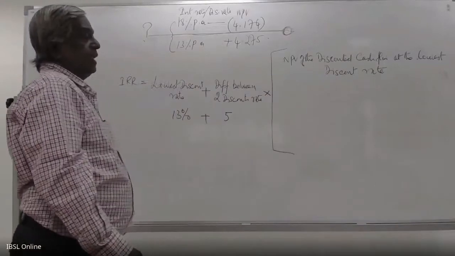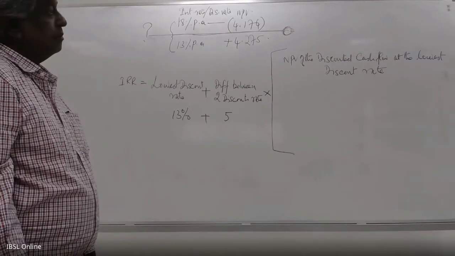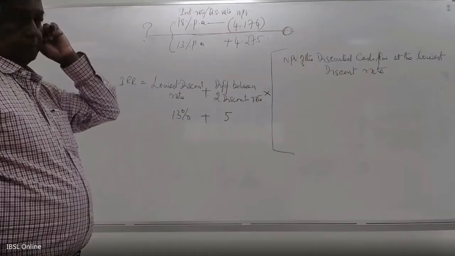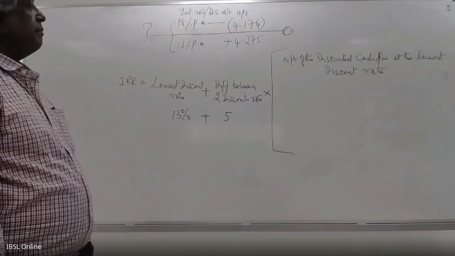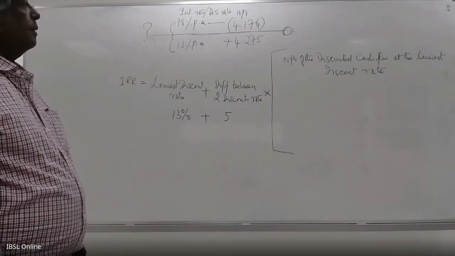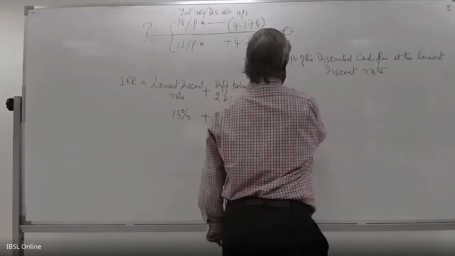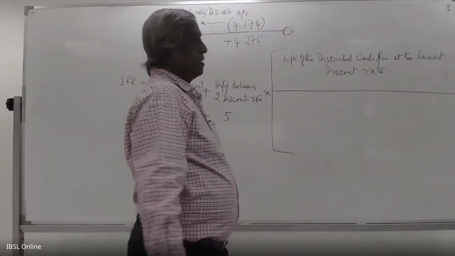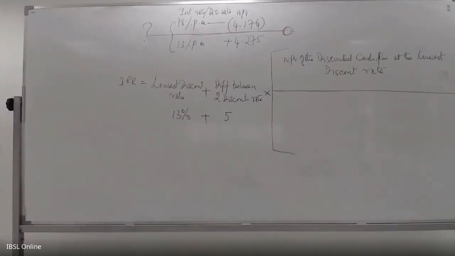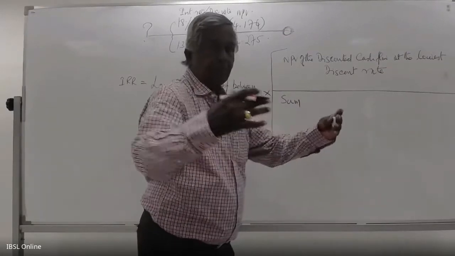In this example, the NPV at the lowest discount rate is 4.275, divided by the sum of the NPVs of the discounted cash flow. Sum means total.